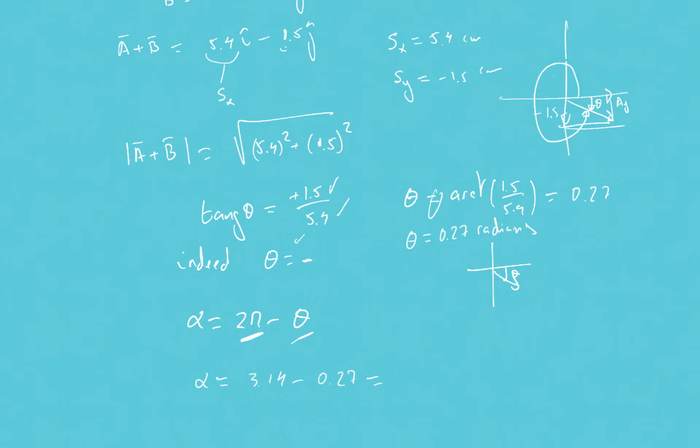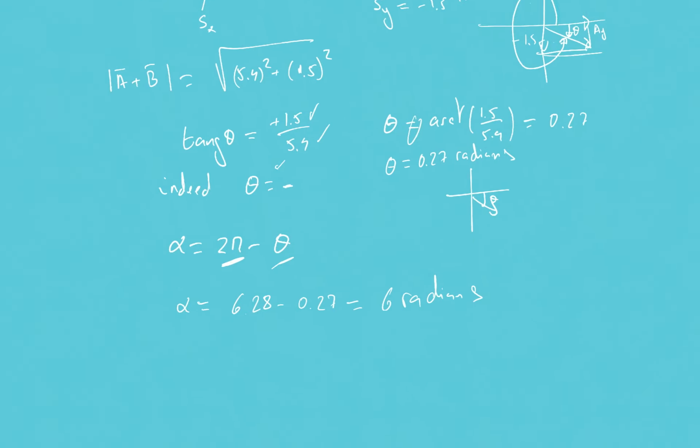The whole circle, the whole way around, is 2 pi, and 2 pi is 6.28. So 6.28 minus 0.27 is like 6 radians.